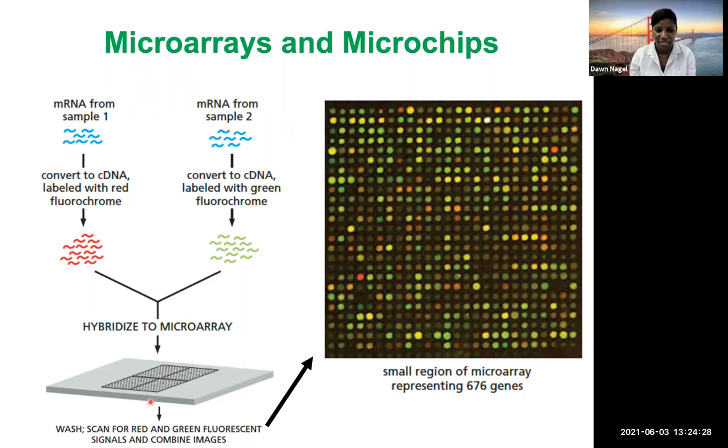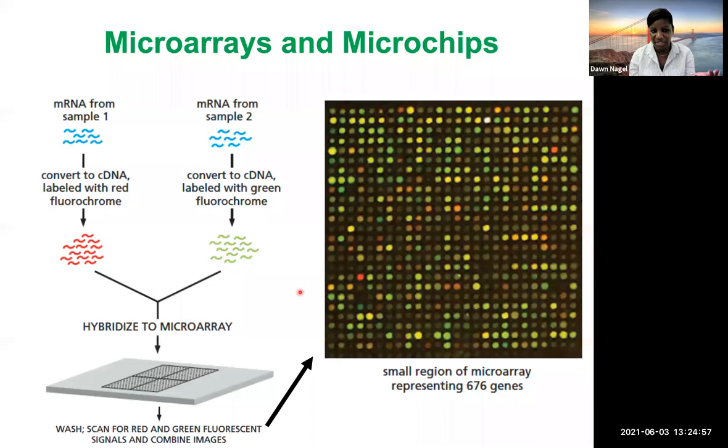So all of that is embedded in the protocol. So if your gene is binding to this array from this particular individual, it will fluoresce red, right? Just solid red. If it's green, it will fluoresce green, right? If it's present in both, then you have the yellow, right? And that's the overlapping between the two colors.